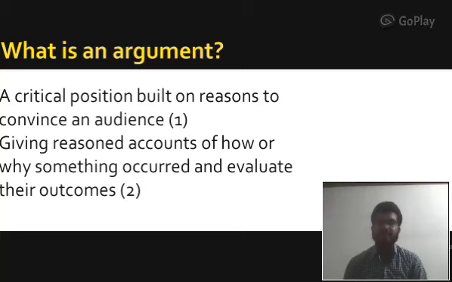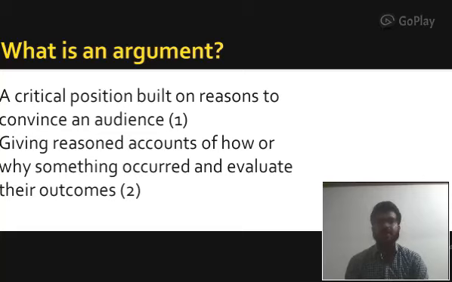So if you convince others, your readers, your examiner, with sound logical evidence, this is what we mean by an argument.